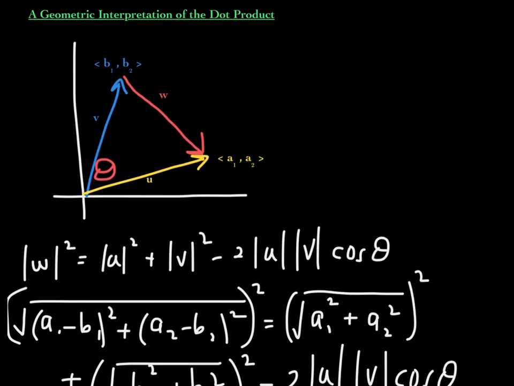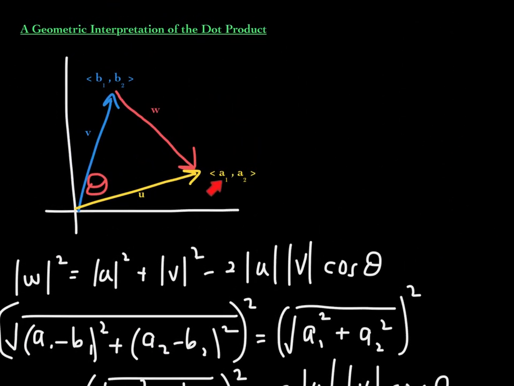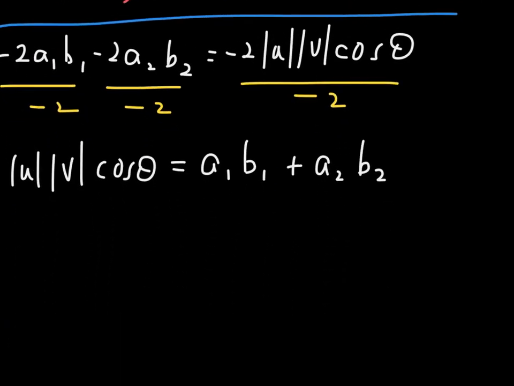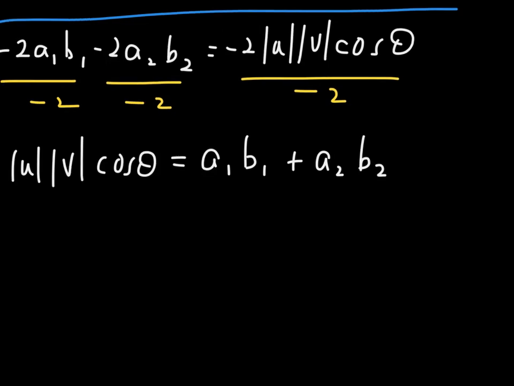There it is. A sub 1 times b sub 1 is what we have, plus a sub 2 times b sub 2, right? And we've already defined that in our work as u dot v. That's what u dot v is, how it's defined, right? This right here is the dot product between my two vectors, all right?